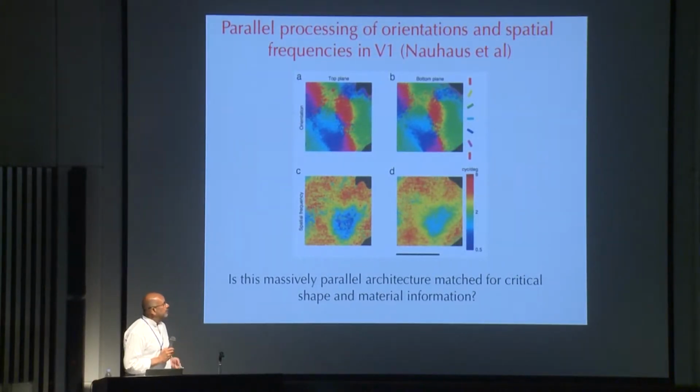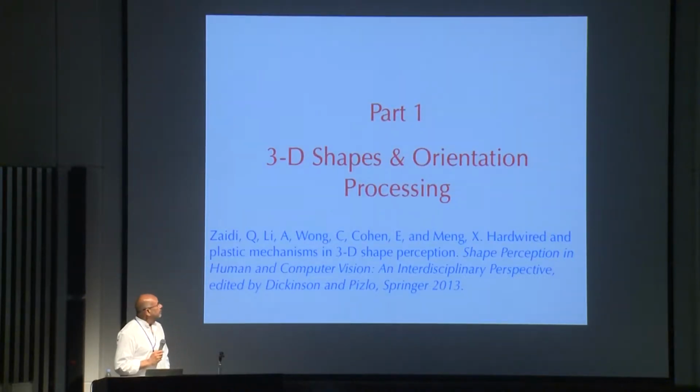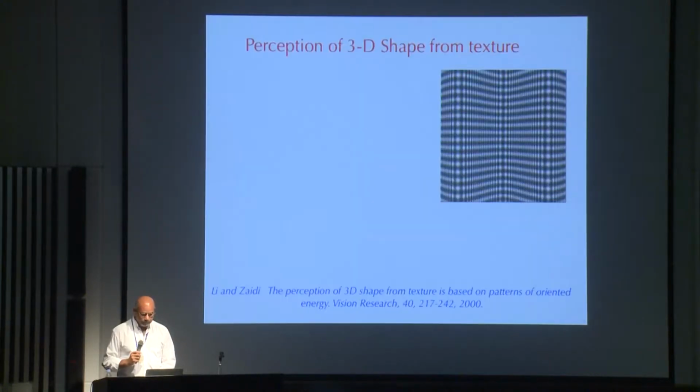And so there's been less exploitation of this massively parallel nature. And I think in both 3D shape perception and material perception, it's almost essential. So the talk will be in two parts. And this will be the first part, on 3D shapes and orientation processing.